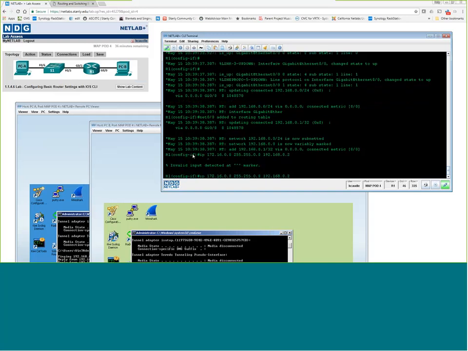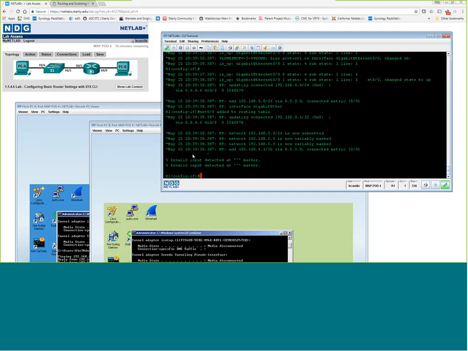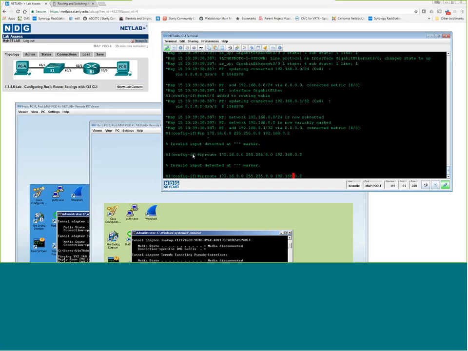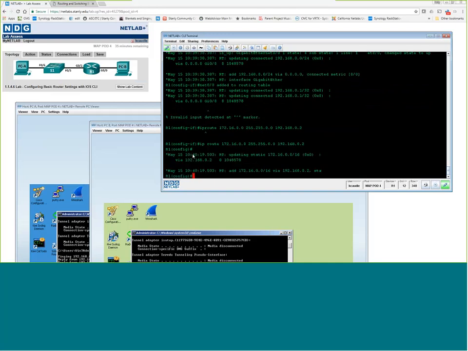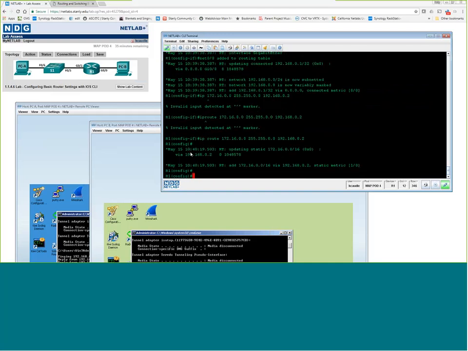And it helps if you put the word route in, ip route, and leave a space in there. I'm flying by the seat of my pants here, folks. But notice what it did.